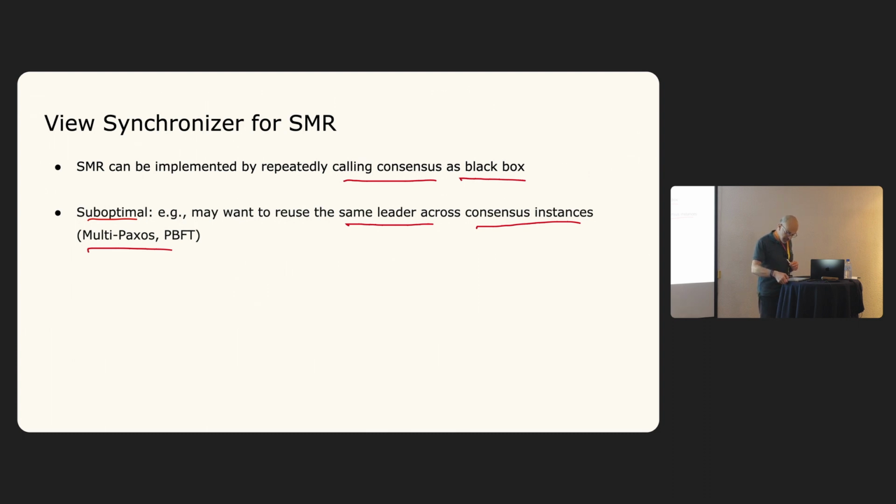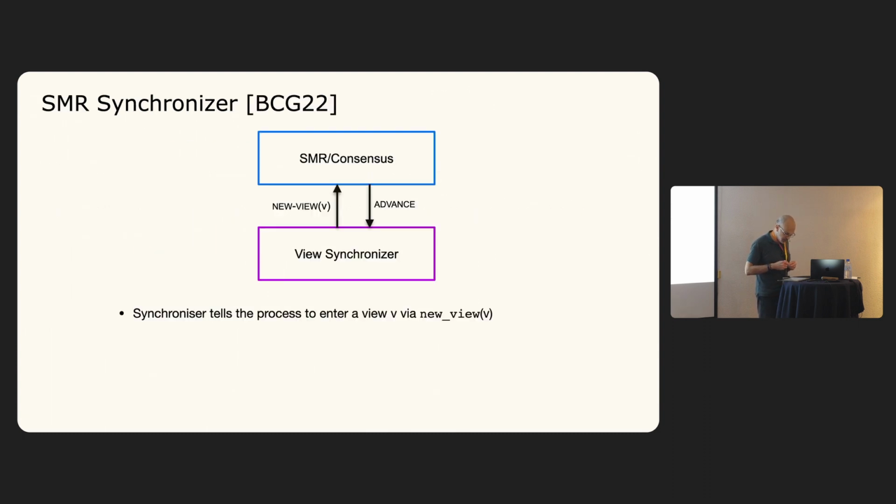So to support that, we designed a new kind of synchronizer. This is called the SMR synchronizer, and that is in the paper from 2022. In the SMR synchronizer, in addition to the new view indication, there is also the advance request. The advance request is issued by the application, such as state machine replication.